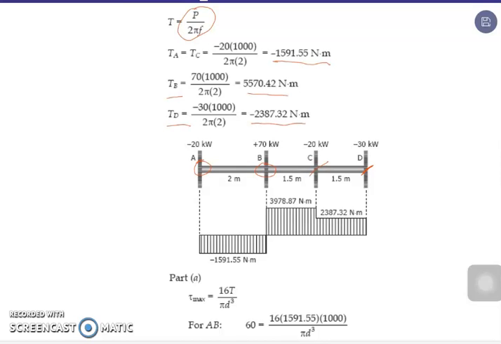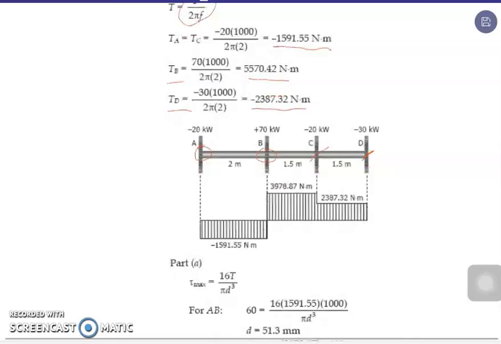So if we are going to draw the free body diagram for the value of the torque at each point, we have here negative 1591.55 at point A, so we go down, and then at point B, which is 5570.42, so we add, 3978.87 Newton meter, so it goes up.